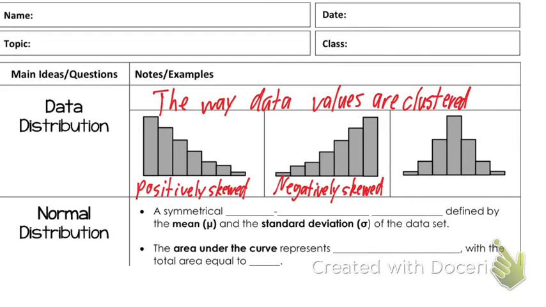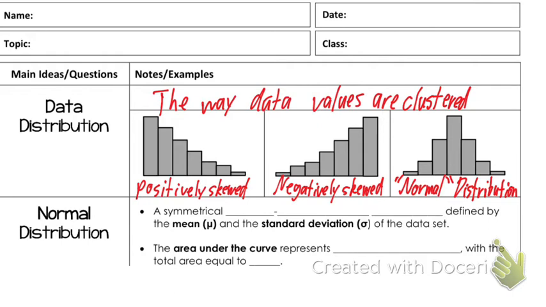And the last one, which we call a normal distribution. We call it a normal distribution because most things are in the middle, and then things go off of that. This is kind of the average, and about half the data is over here, half the data is on the left as well.